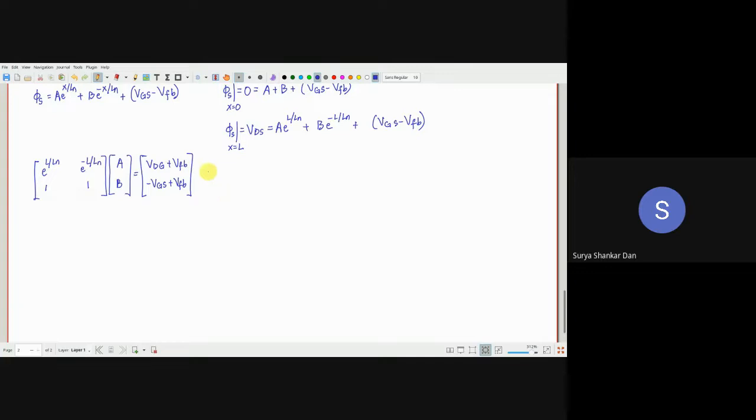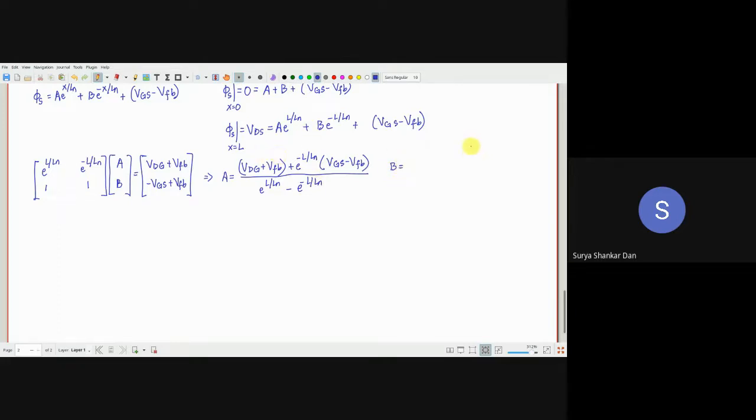Okay, this will lead to capital A is equal to VDG plus VFB, sorry, plus e to the power of minus L by ln, over the determinant of this matrix, e to the power of L by ln minus e to the power of minus L by ln. What is the value of B?